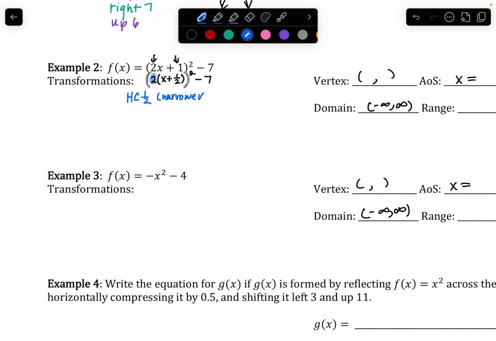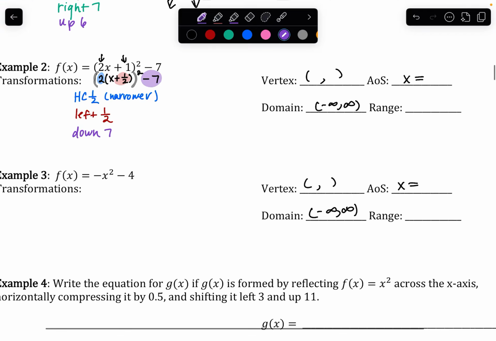Okay, next we have a plus 1/2. That's going to move us left 1/2. And then we have a -7 outside. That's going to move us down 7. Okay, and so we haven't reflected, so it's still opening up.